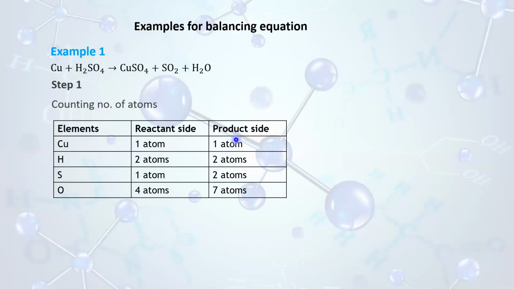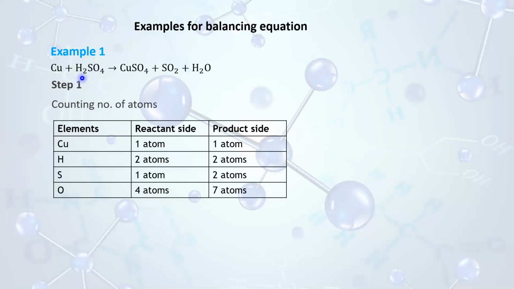And in the third column, the number of atoms of each element on the product side. See here, in this equation, how many copper atoms on the reactant side? 1 atom. So we write that 1 here in the second column. And how many copper atoms on the product side? Only 1 atom.